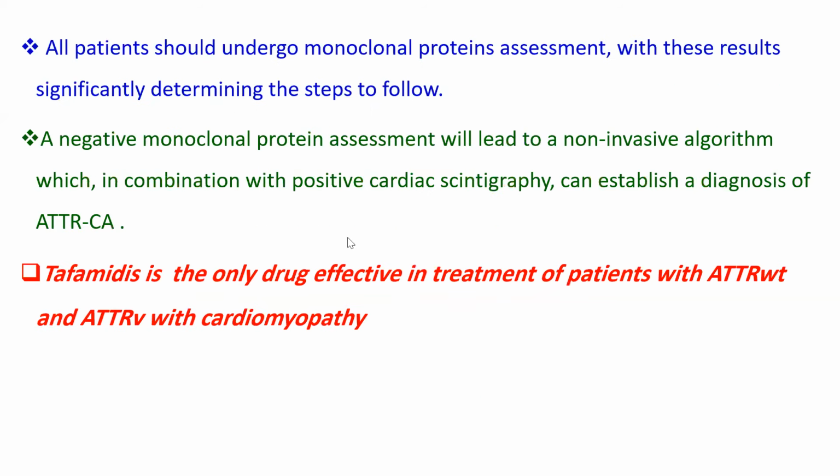All patients should undergo monoclonal protein assessment, with the results determining the steps to follow. A negative monoclonal protein assessment will lead to a noninvasive algorithm, which in combination with cardiac scintigraphy can diagnose ATTR cardiomyopathy. Tafamidis is the only drug of choice in the treatment of patients with wild type ATTR and variant type ATTR with cardiomyopathy.